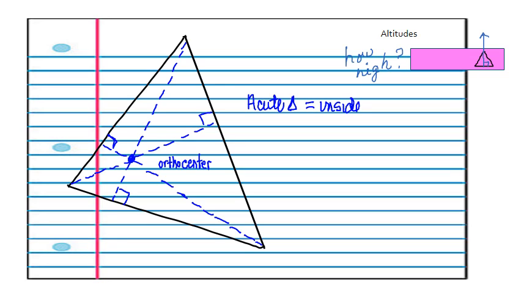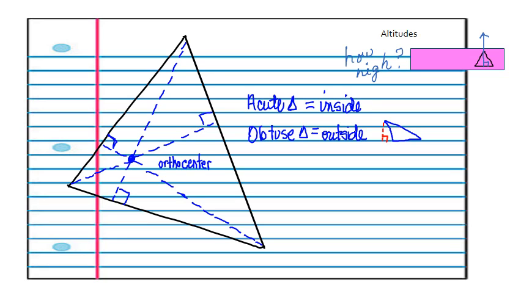If you have an obtuse triangle, then the orthocenter is usually located on the outside somehow. And the best way to show that is that if I had an obtuse triangle here, then the height of the triangle is actually happening on the outside.